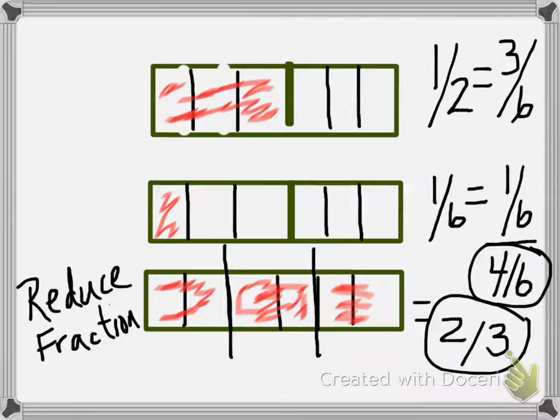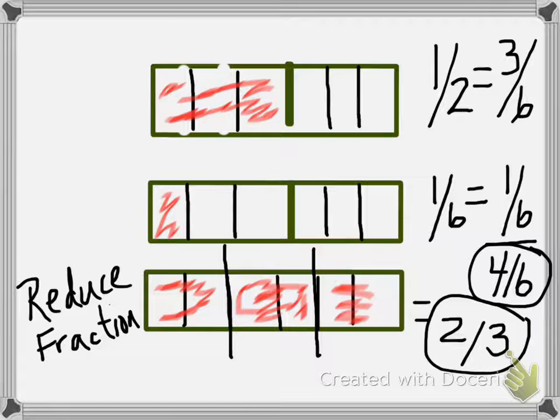So I will divide my 6 pieces and break them down into 3 separate groups, which gives me a total of 2 out of 3 pieces being shaded. So my final answer is 2/3.